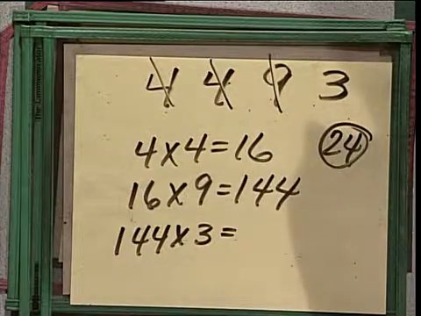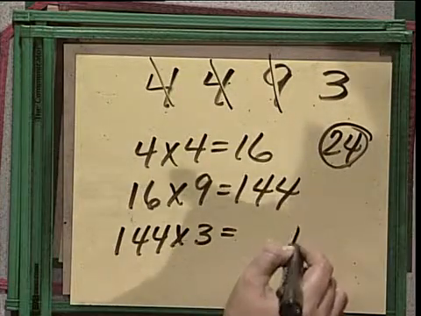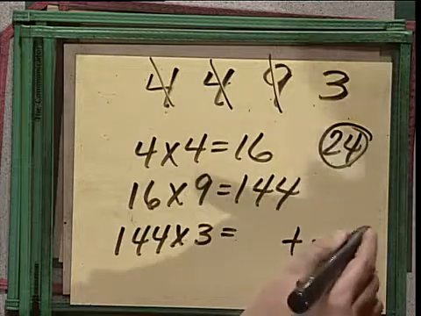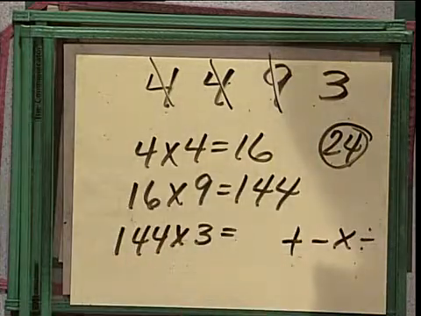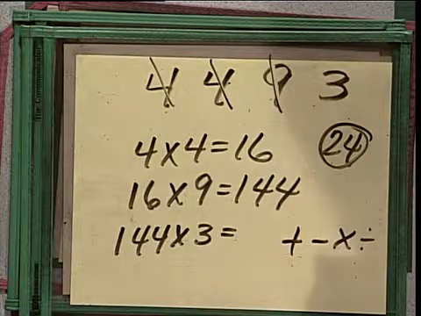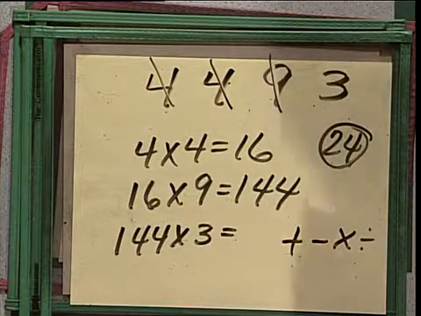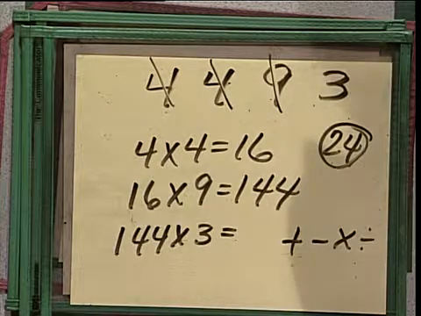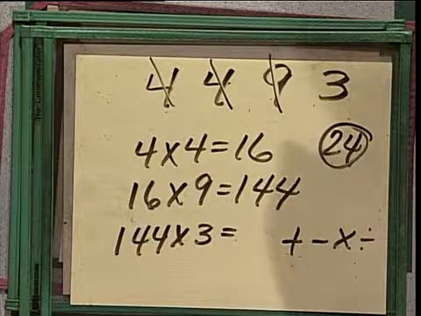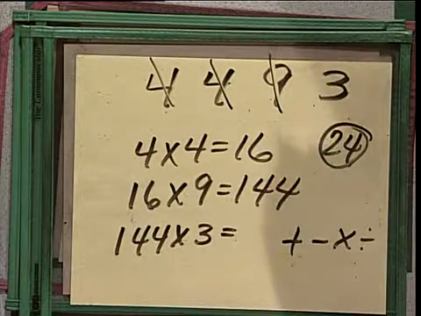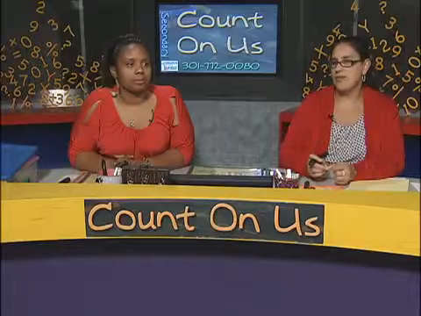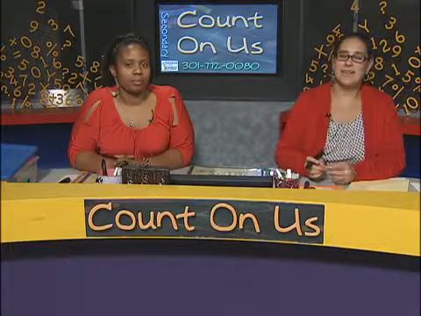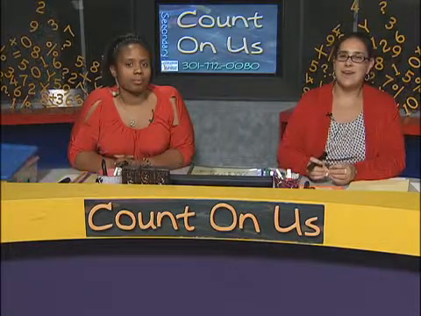You can use all the operations: addition, subtraction, multiplication, and division. So you don't necessarily have to multiply all the numbers together. Try again and call us back within about 14 minutes. I bet you can figure it out. Thanks for calling.